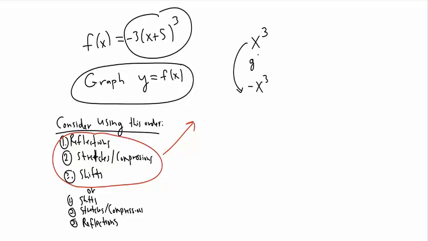Let me use the letter g. So it's like starting with the formula g of x, and then you're looking at the formula minus g of x. This is a reflection about the x-axis in terms of the graphs.